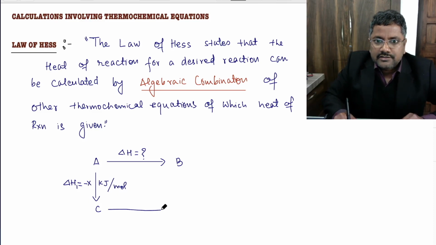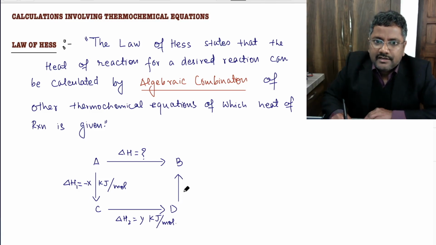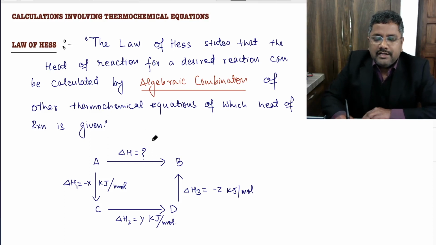C to some D is given, delta H2, this is Y kilojoules per mole, and D to B is given, delta H3 minus Z kilojoules per mole. So if you want to calculate this for the conversion of A to B, but here A to C is given, C to D is given, D to B is given.